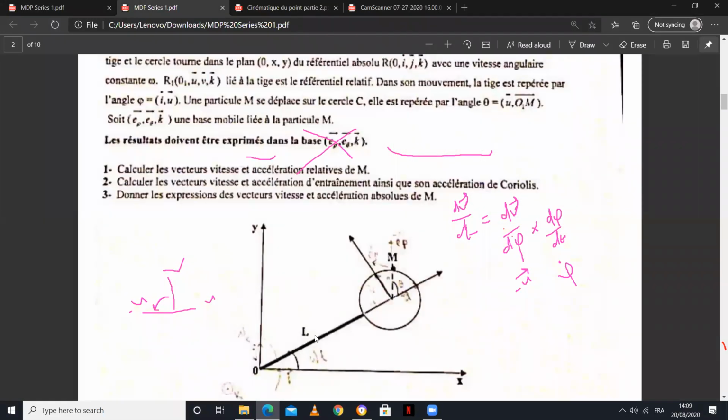When you look at this figure, they've told us that this is rotating like that, with an angle φ. That means the angular vitesse is φ point, and we've been told angular vitesse constant. That means φ point is constant.